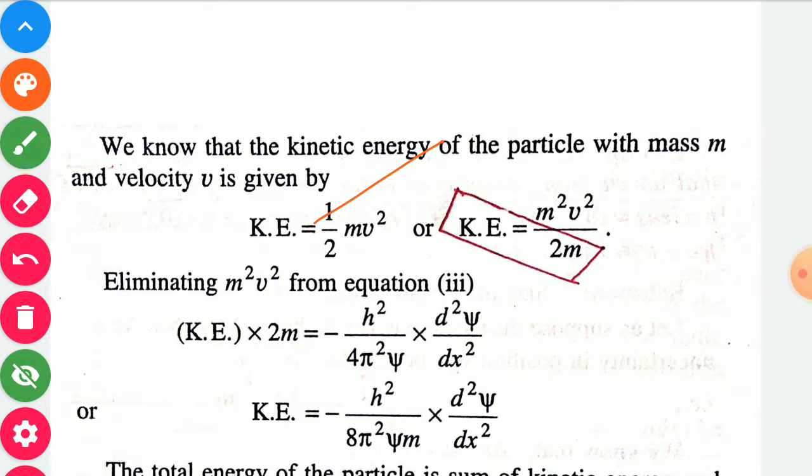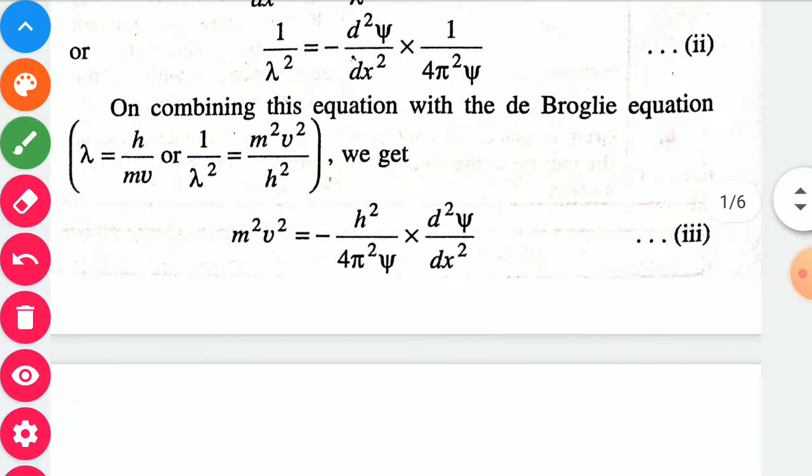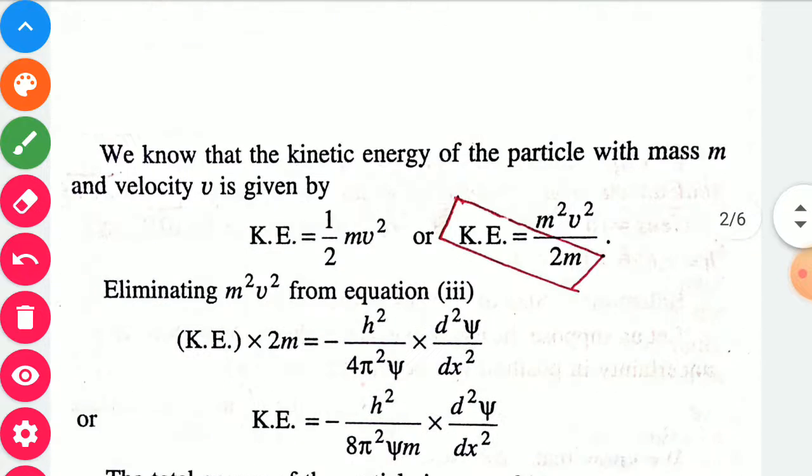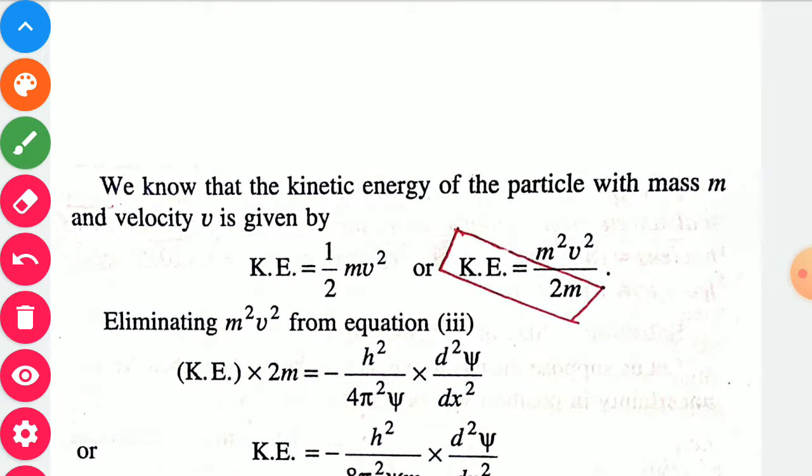From this term, if we eliminate m square v square from equation third, then in place of m square v square we may write kinetic energy.